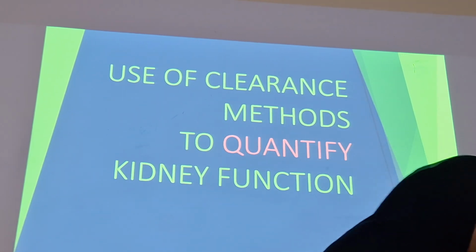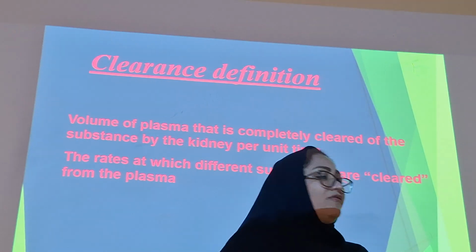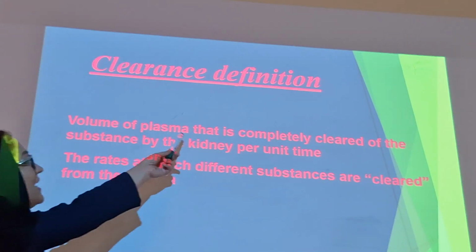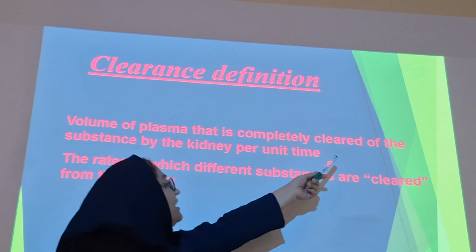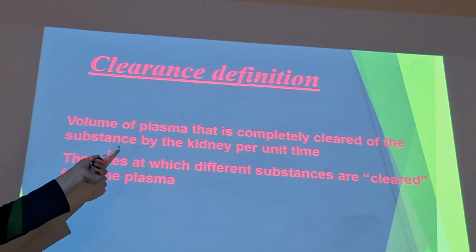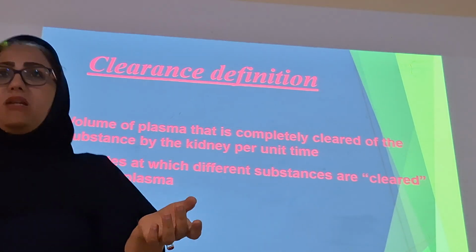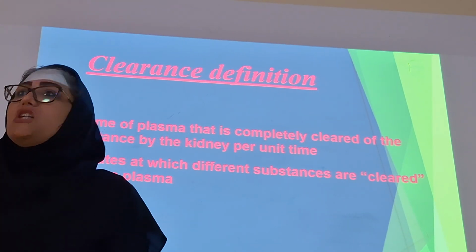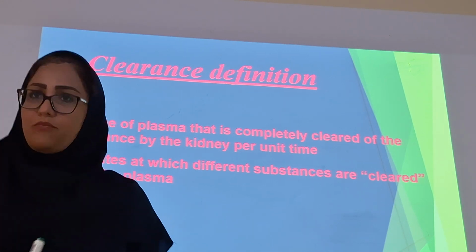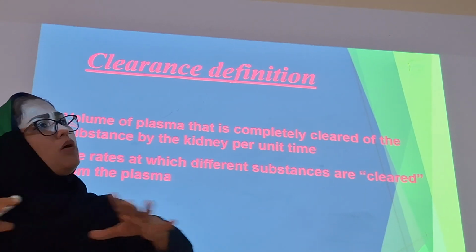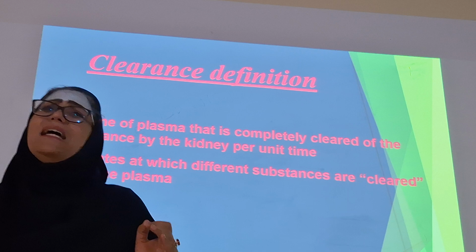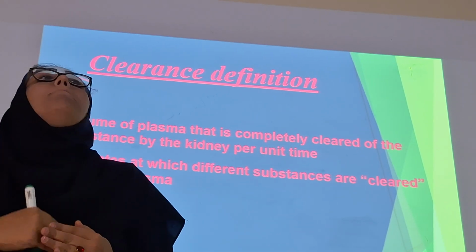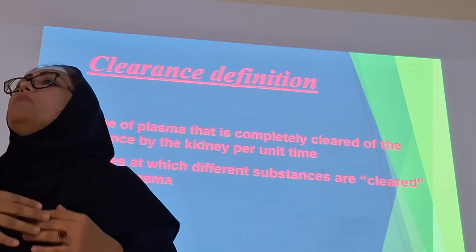Regarding clearance, what's the definition of clearance? Volume of plasma that is completely cleared of a substance. What does it mean? Suppose that here we have some sodium. Again here is glomerular capillary and Bowman's capsule. The clearance means volume of plasma which is completely cleared from sodium.